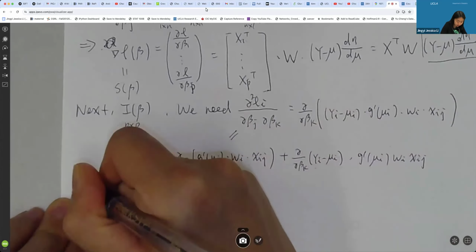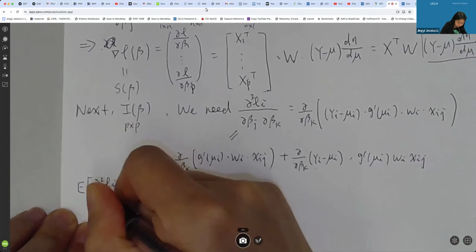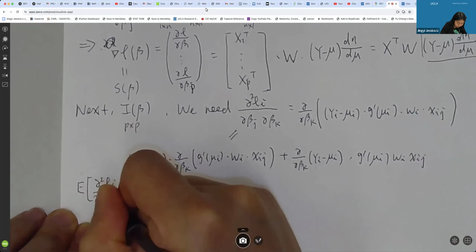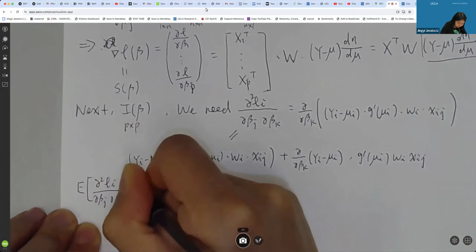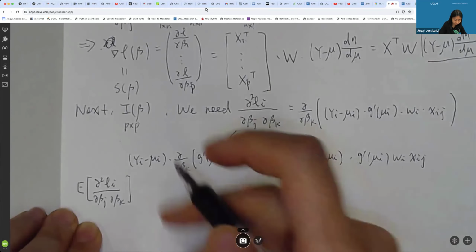So what happens if I put expectation around this partial squared Li, partial beta j, partial beta k? I put expectation around each term.